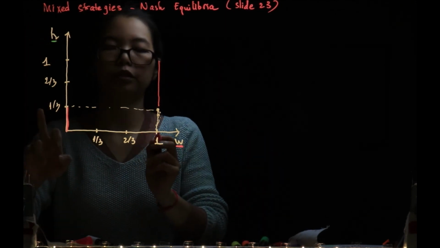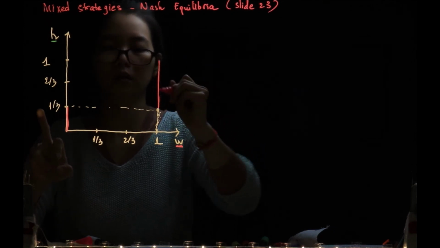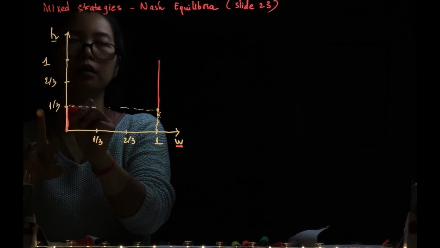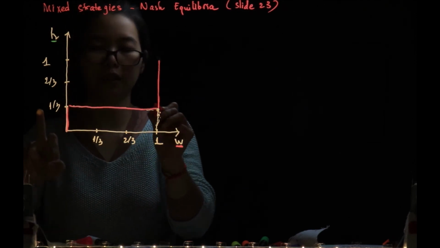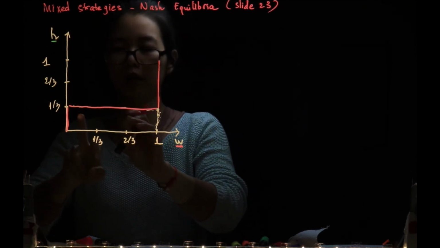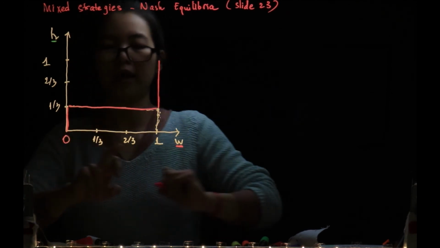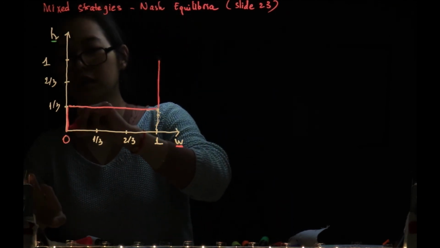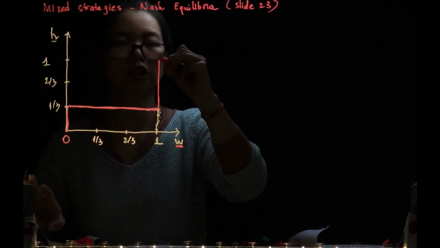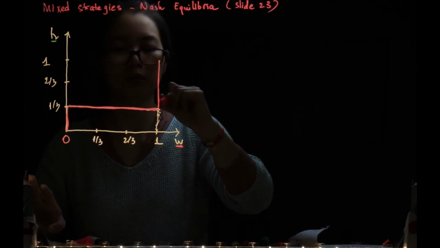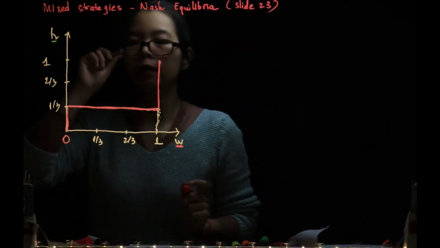And how about exactly at 1/3? What happens? She's indifferent, right? So she could choose any probability for each strategy between 0 and 1. So this is her best response function, contingent on the probability H from the husband.